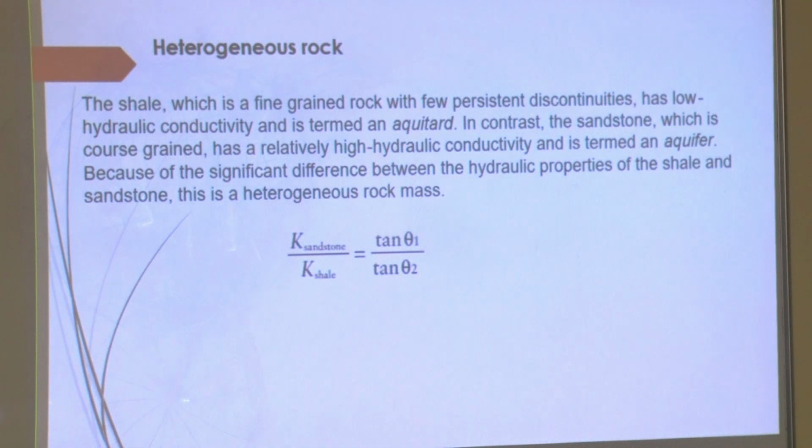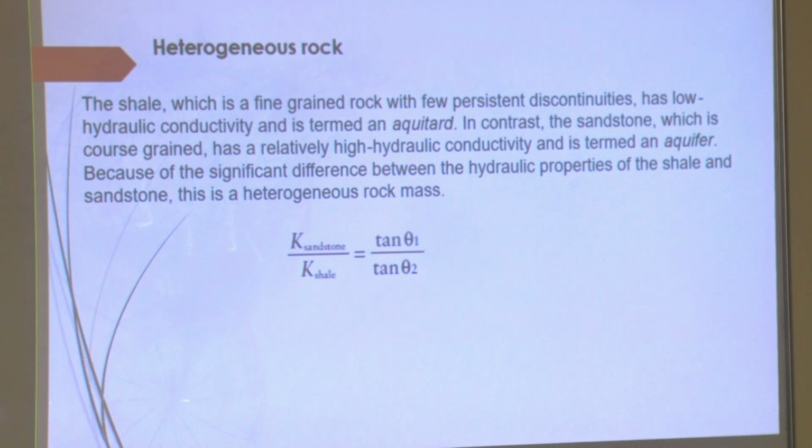It depends on the heterogeneity of the rock layer. Suppose there is a sandstone, then shale, then sandstone. If this kind of rock layer is there, we observe interference. Interference means, suppose light is traveling from a lighter media to heavy media to lighter media, we generally observe deflection.